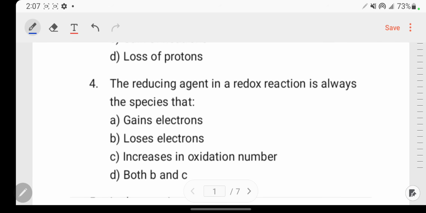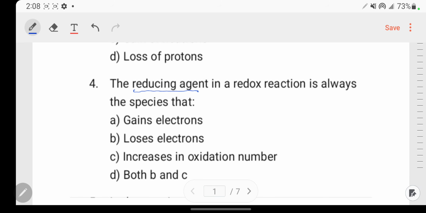Question 4 says the reducing agent in a redox reaction is always the species that is, the one that loses electrons. So remember from the definition, a reducing agent is a substance that helps reduce another substance but ends up being oxidized.